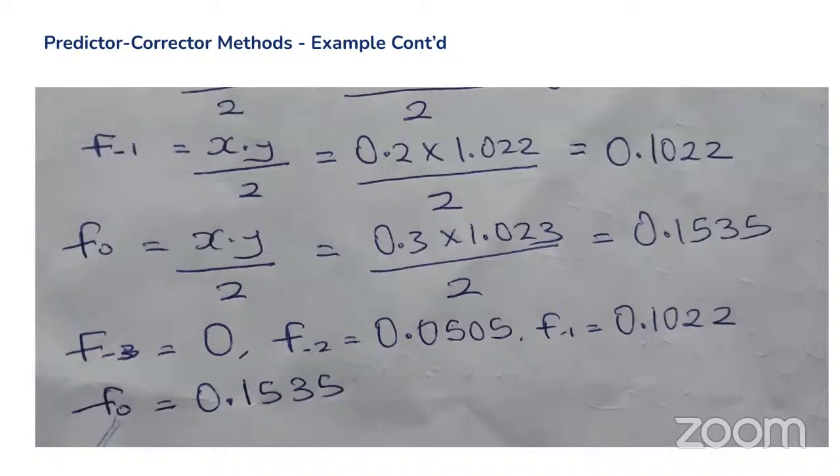To get the value of f minus 1, you do likewise what we've been doing for the previous f values. So we insert our x subscript minus 1 times y subscript minus 1 divided by 2. Then we solve, so we get our value of f minus 1.